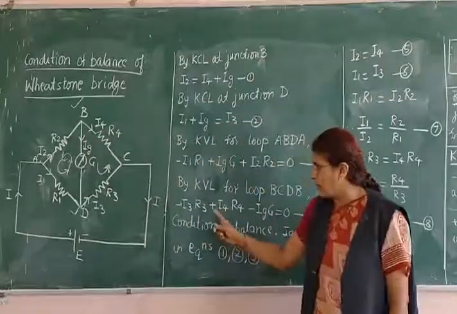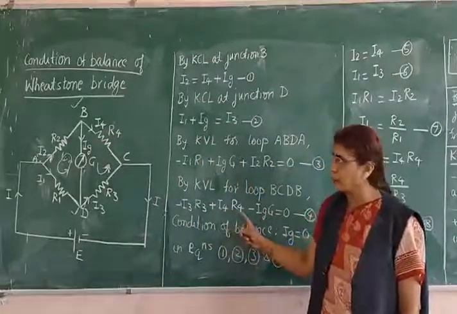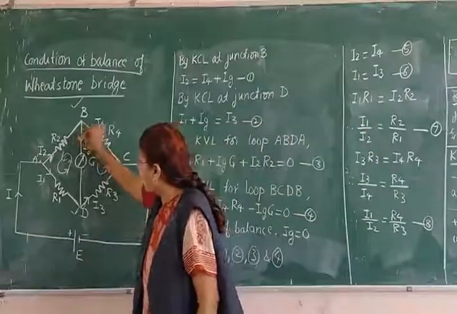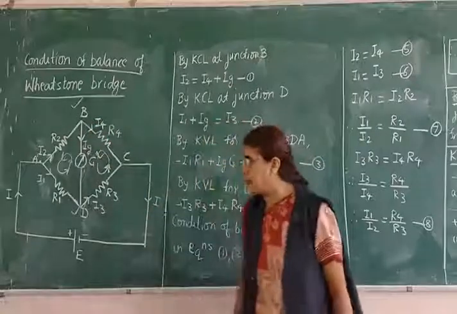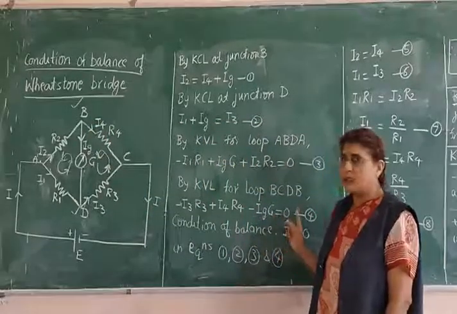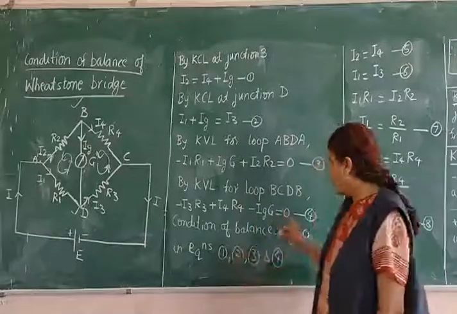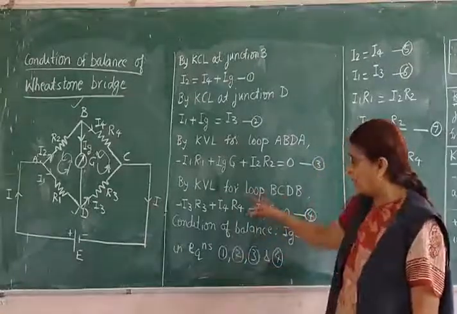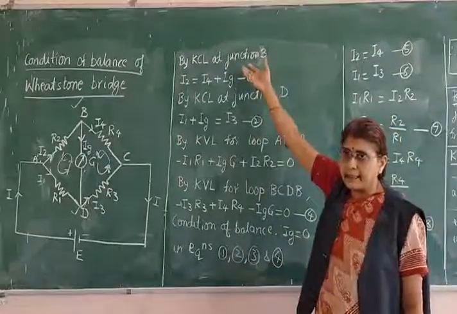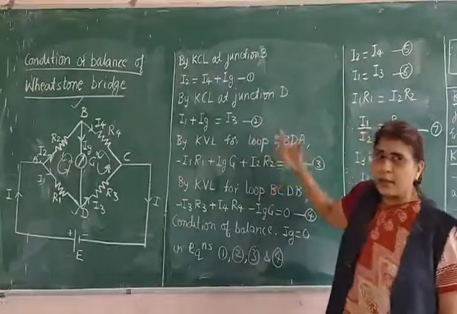So it becomes plus I4 R4. The last one. I am going in this direction. This direction and this direction, they are the same. So I will write it as minus IgG is equal to 0 because no cells are there. So I got another equation 4 by KVL. So I got 4 equations. 2 equations from KCL, 2 equations from KVL.